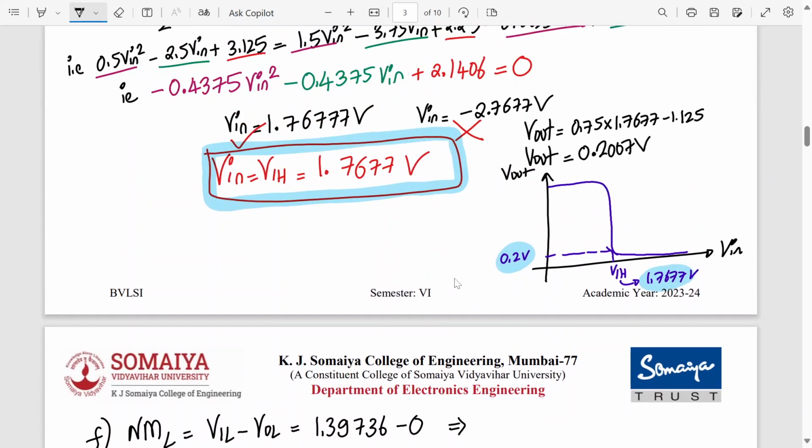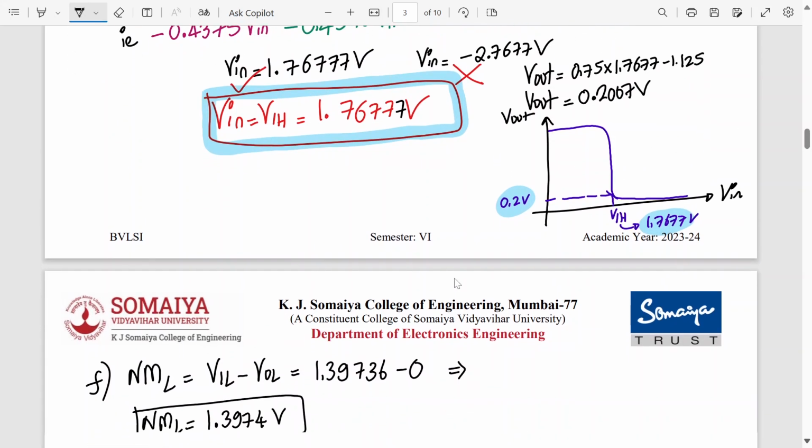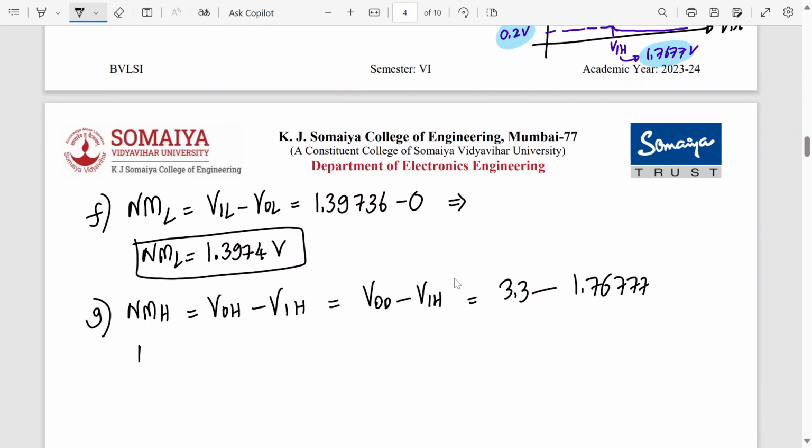This 17 was missing over here. 777, yeah. So how much did we get for noise margin high? Calculate this. 3.3 minus 1.76777. 1.5. Yeah.